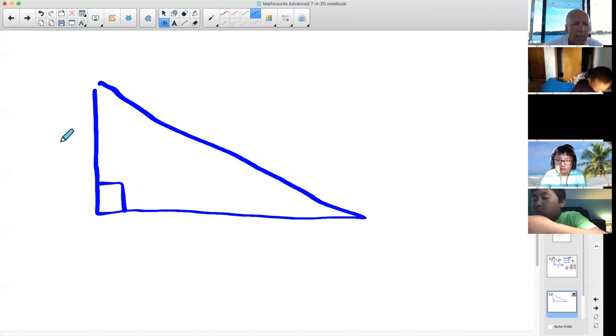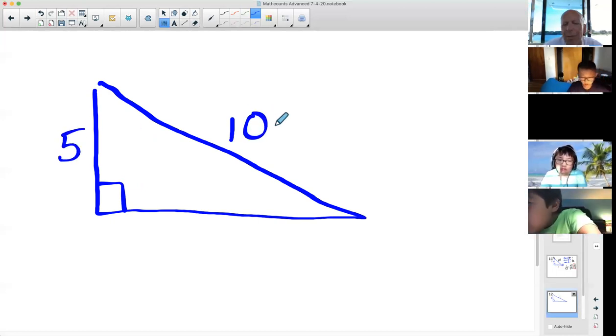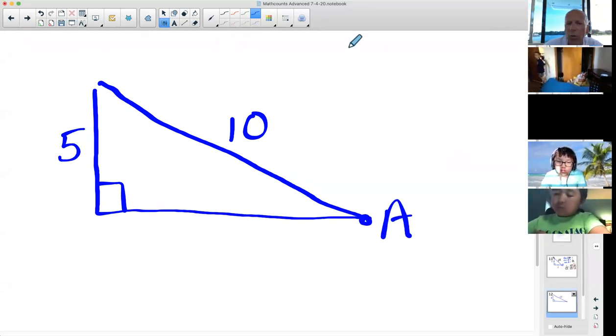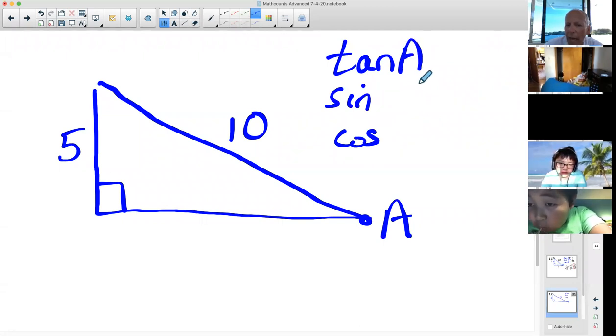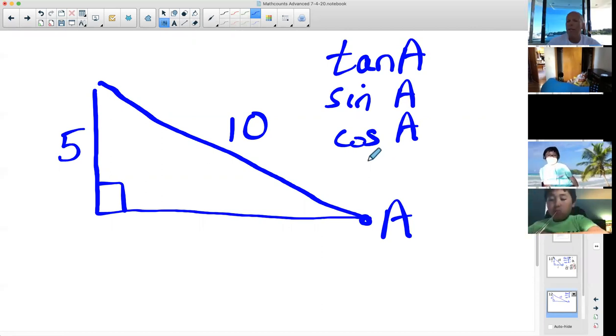Now, guys, if I tell you that this is 5 and that this is 10, do not say anything yet. I am going to ask you for the tan, the sine and cosine of angle A, and send me a chat with your answer, everybody.